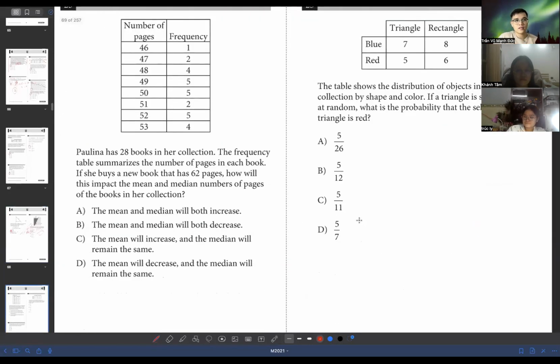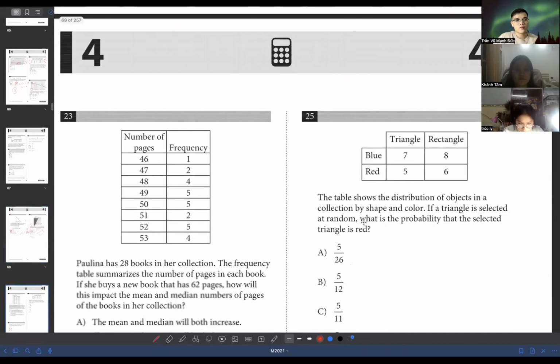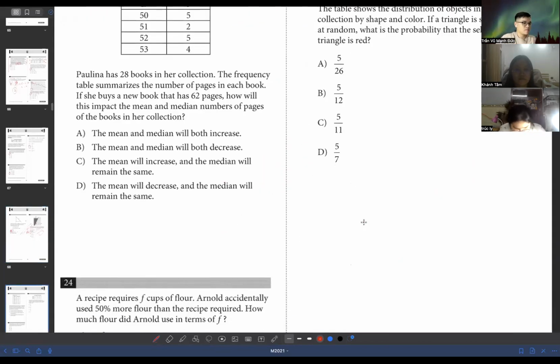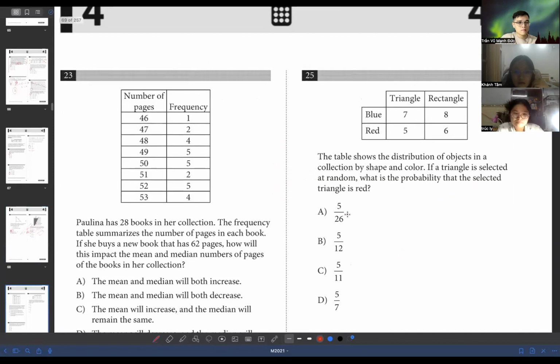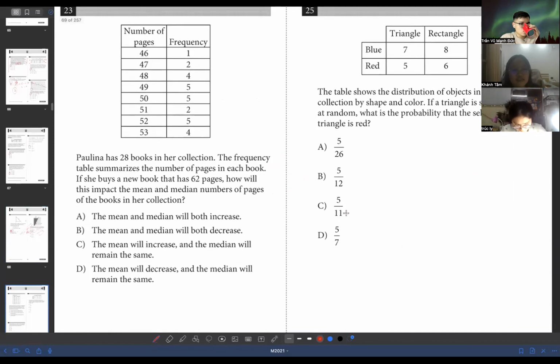All right, next one is 22. 23C. Let's see. All right, very good.